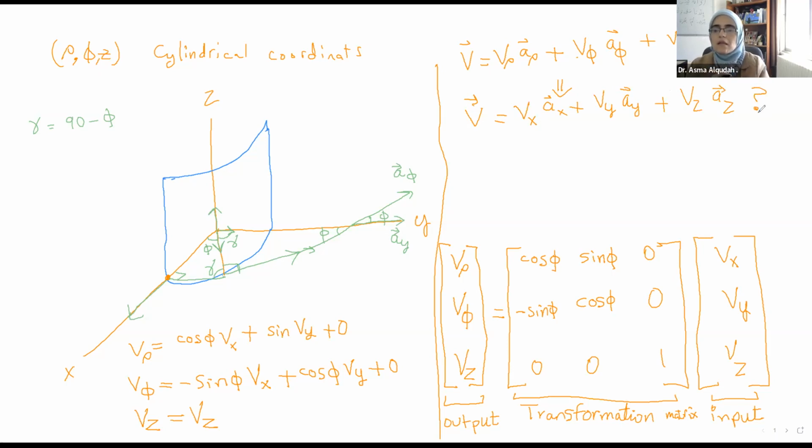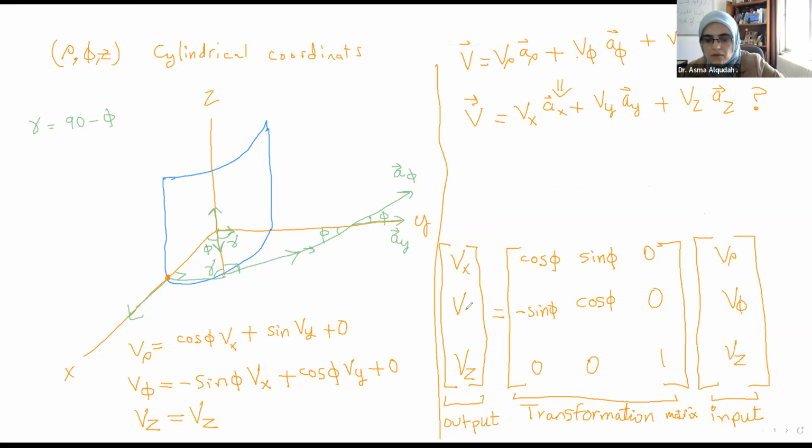Now to do this, we just flip the order here in this matrix. So the input here should be the components in the cylindrical, and the output should be the components in the Cartesian. So the input here should be v sub rho, v sub phi, and v sub z, and the output should be v sub x, v sub y, and v sub z.